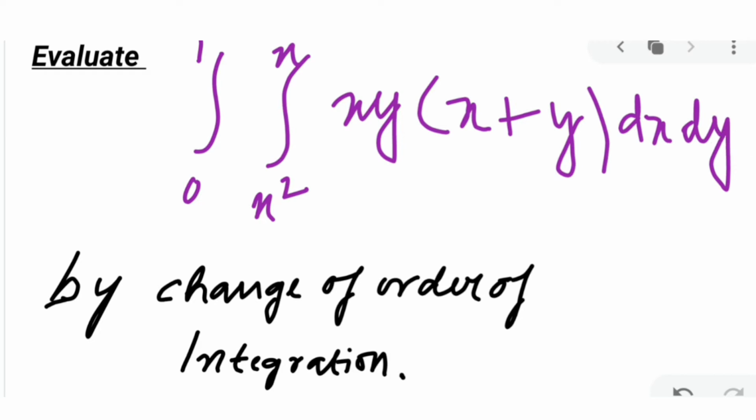Let me write it down. From this question we can extract the limits of y and the limits of x. From that, we can identify the curves from the dependent variable limits and plot the graph. I will be writing down the equations from the limits in the next slide.